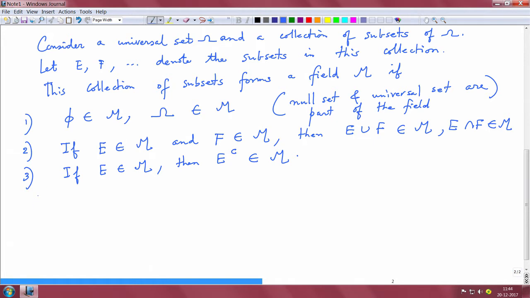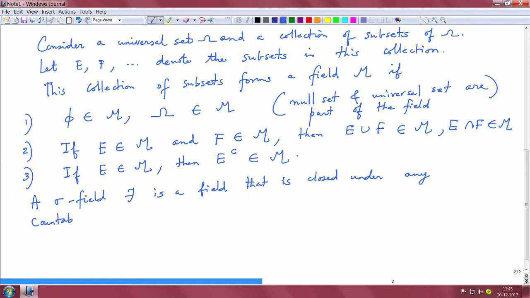Now, these are the properties. A sigma field script F is a field that is closed under any countable set of unions, intersections and combinations of these unions and intersections.